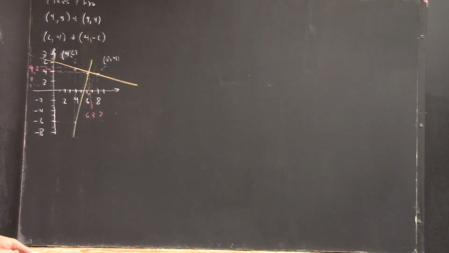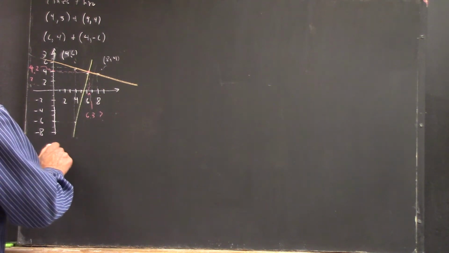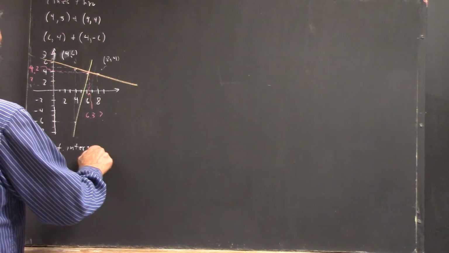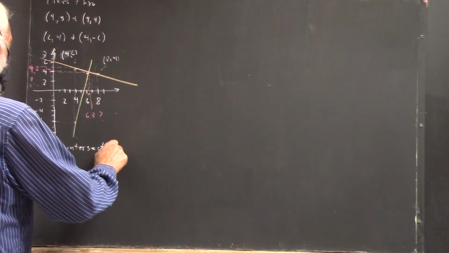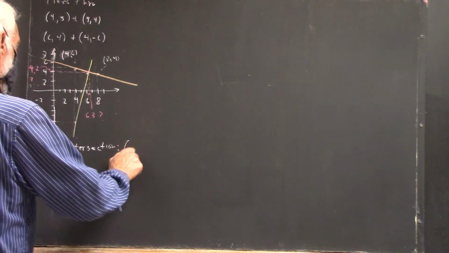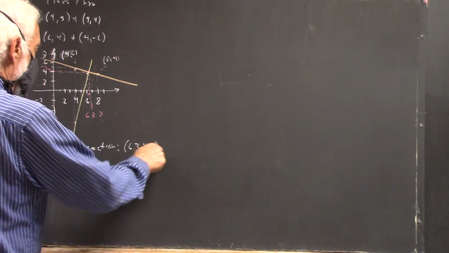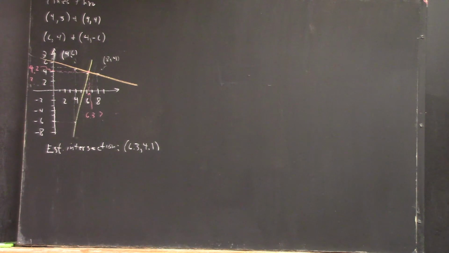Now, we want to get some. That's our estimated intersection, okay? Now, I actually know that's a bad estimate.